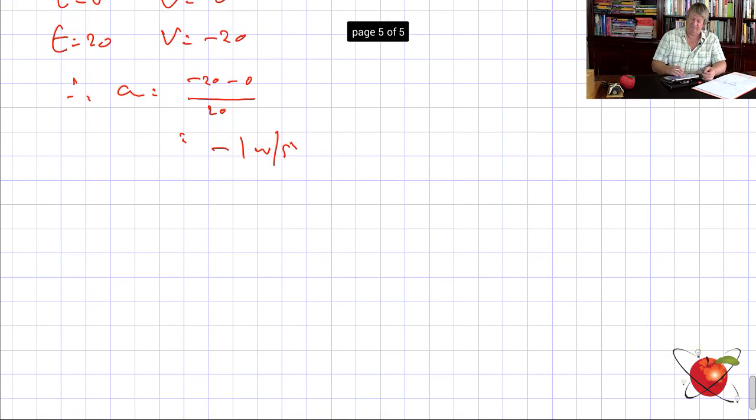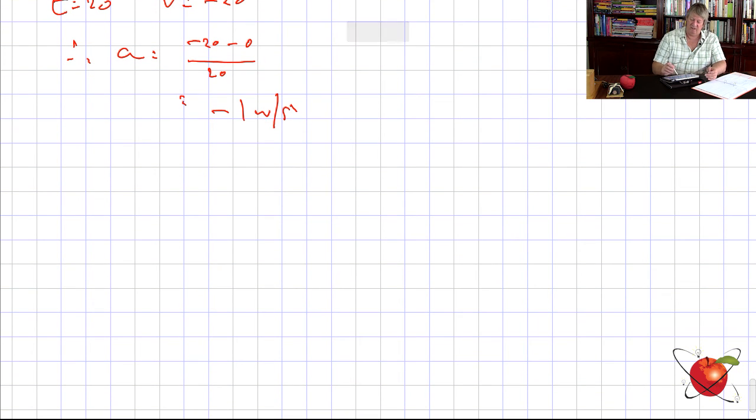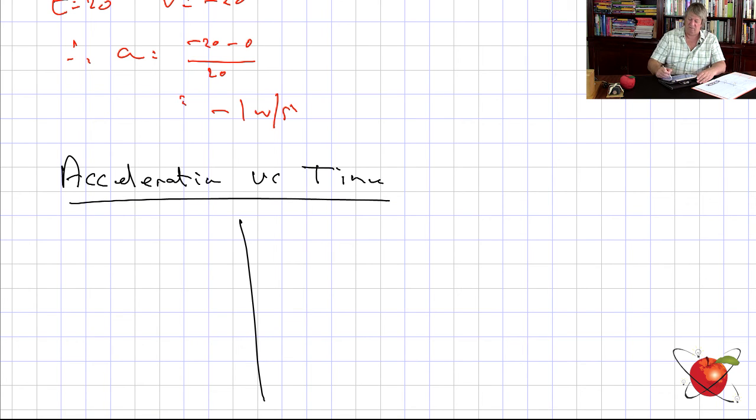Next one is acceleration versus time graphs, right? What do they look like?